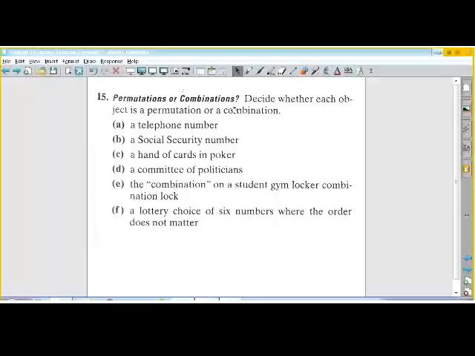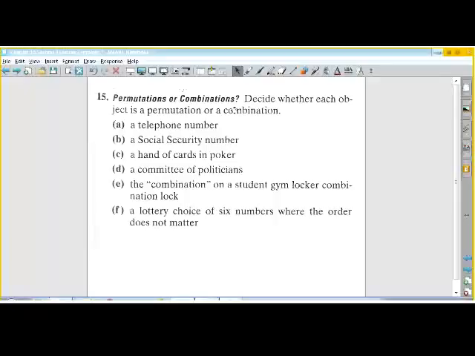So your telephone number, is the order of the numbers important? Is 962 the same as 692? No, it's not. Okay, so order is important, and therefore it's a permutation. So likewise with Social Security numbers, the order is very much important.